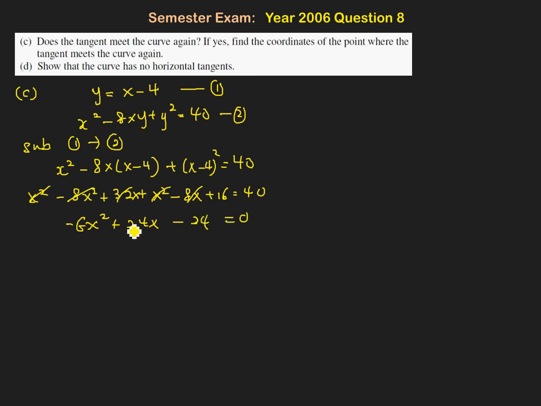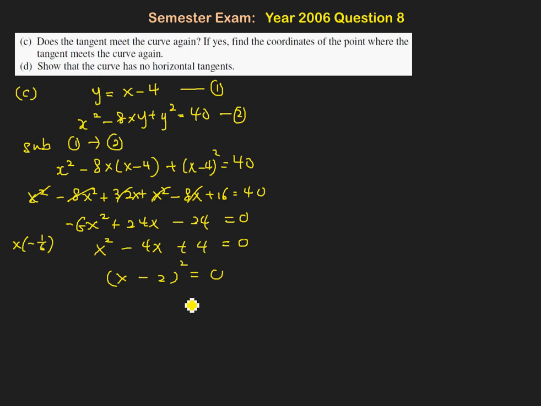And I multiply by -1/6 across, because of the common factor of 6, as you can see. And I don't like the negative in front, so I multiply by -2. So I get x squared minus 4x plus 4, and actually I can factorize this.